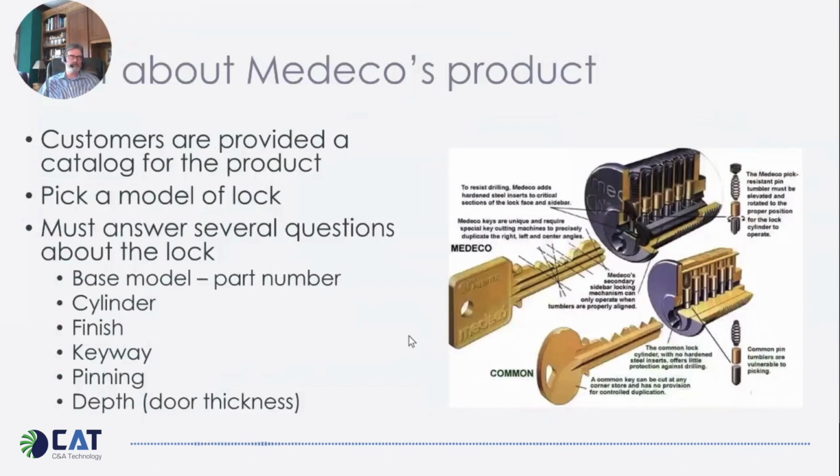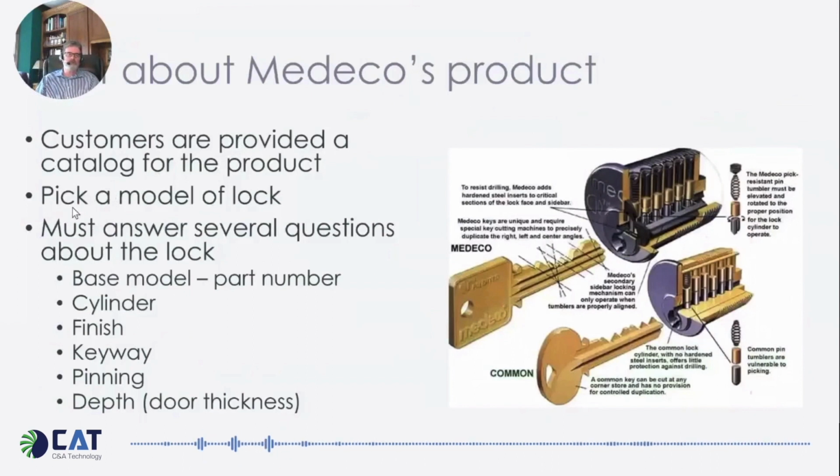So a bit about Medeco's product. I just described how this works, but consider that customers ordered via a catalog, and there's a catalog even today online, and we'll show you a picture out of that catalog about how people ordered.